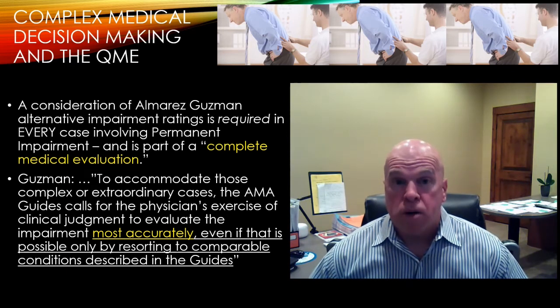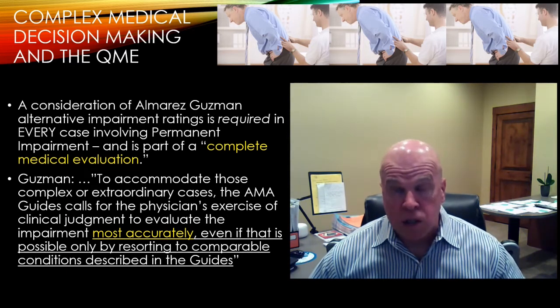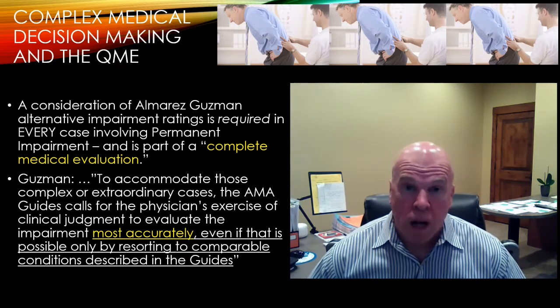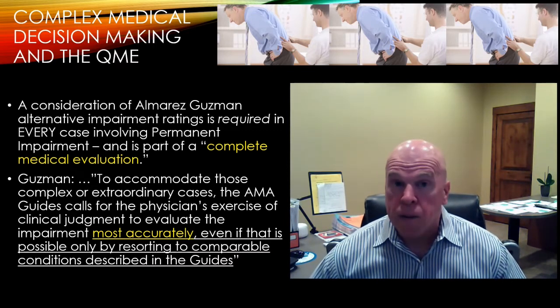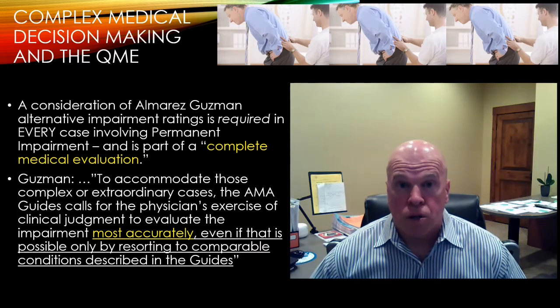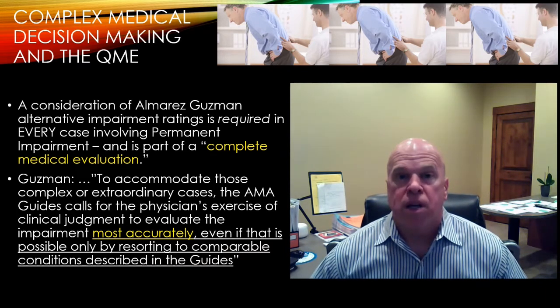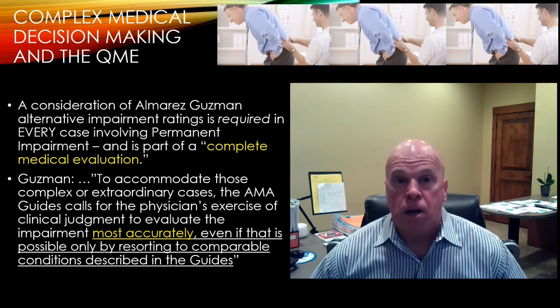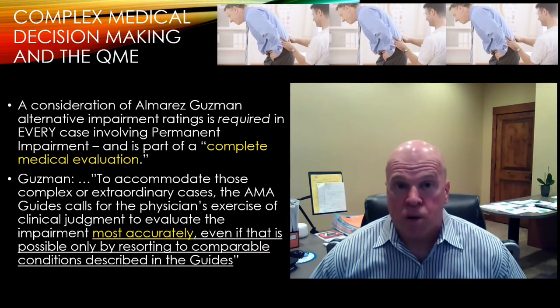So you're required to demonstrate to the parties that at least you considered the possibility that the examinee may qualify for an alternative impairment rating, but that in your discretion and your medical decision making within your expertise, you decided that an alternative impairment rating was not appropriate or was not the most accurate description of your examinee's actual condition.